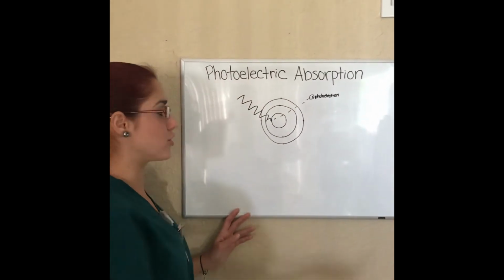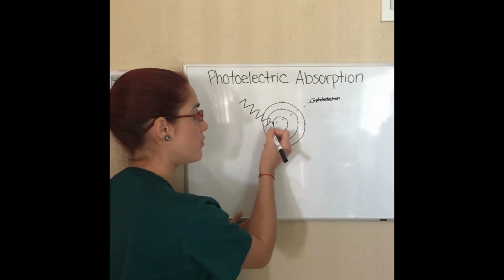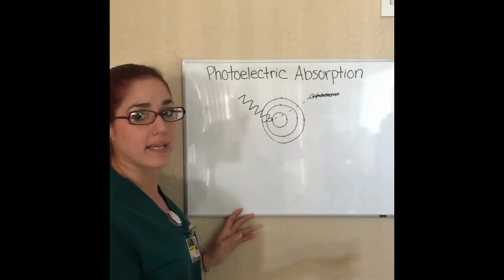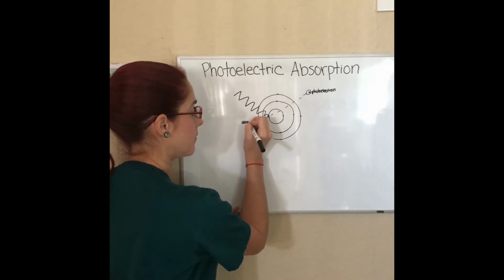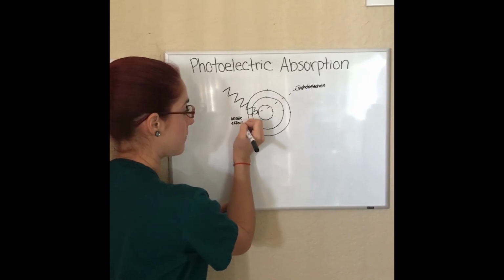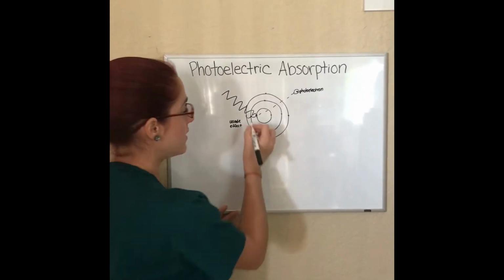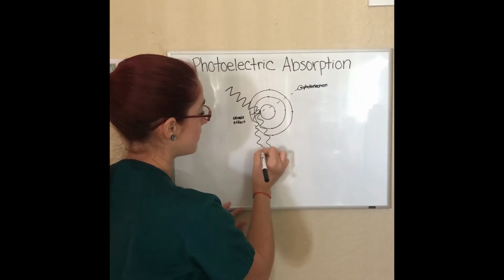Now that there's a missing electron in the inner shell, the outer shell electrons begin to move forward, replacing any missing electrons. This is called the cascade effect. The cascade effect causes secondary radiation.